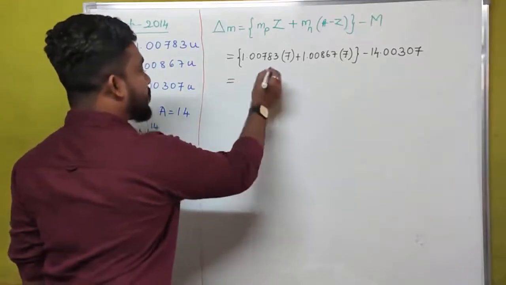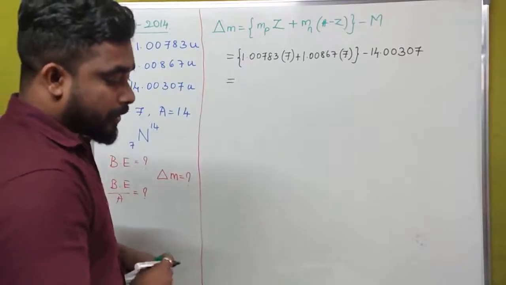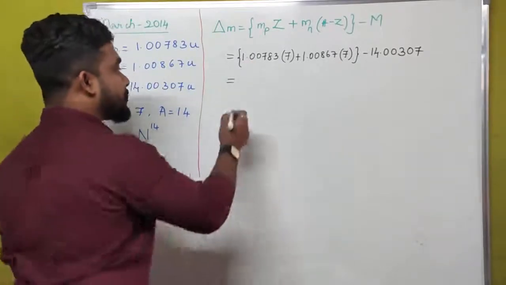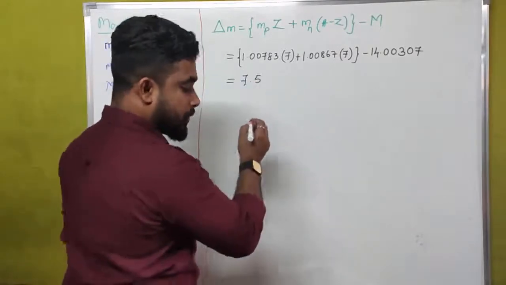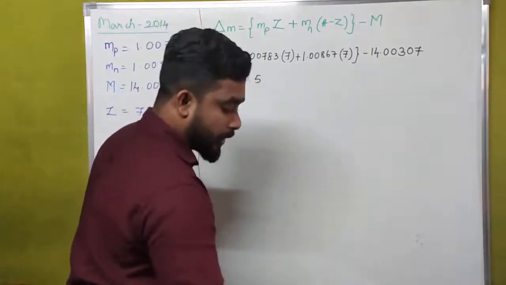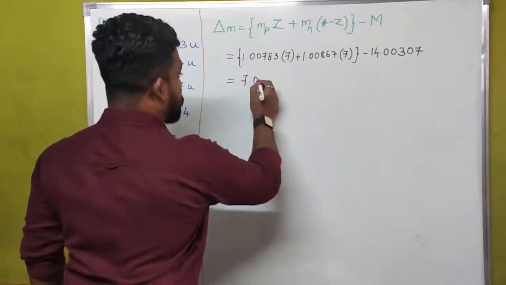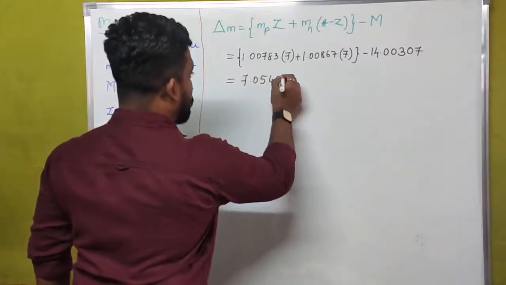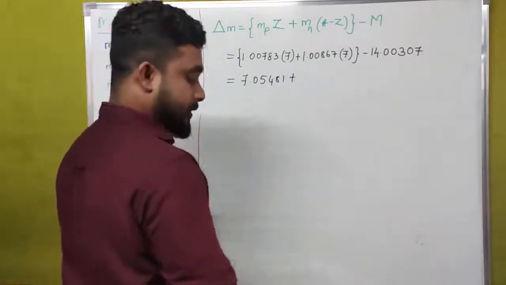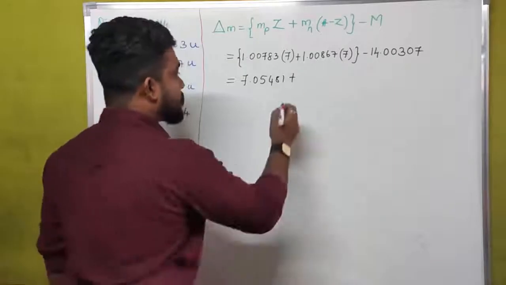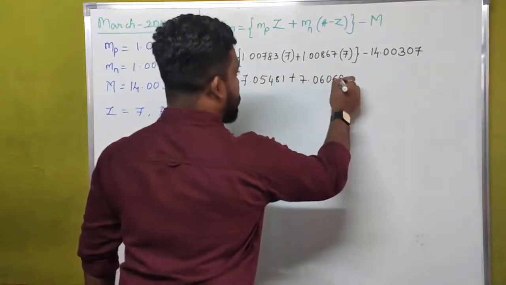Then if we calculate all these things, what we will get here is: 1.00783 into 7 is equal to 7.05481. Plus 7 into 1.00867 is equal to 7.06069.